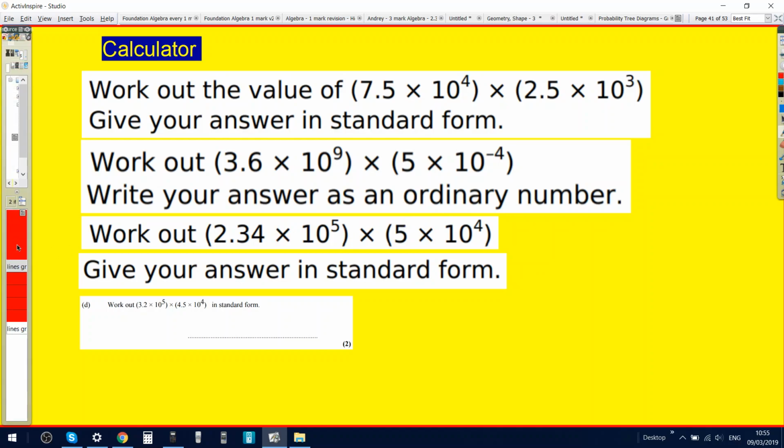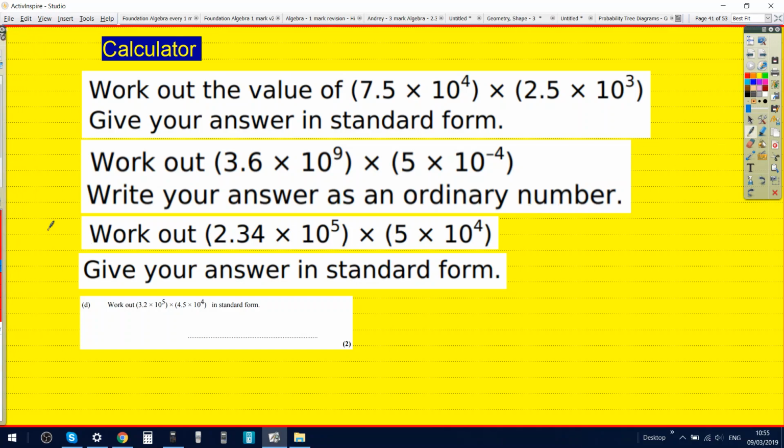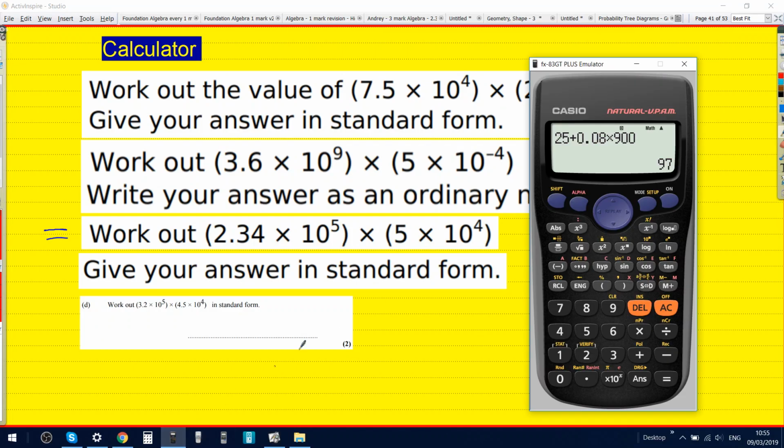Okay, so let's just do the very last one. So what I would do first is put the two tens together, so it'd be 10 to the power of 9. No, it's a calculator question. So I would just put the whole thing into my calculator exactly as they've written it. Okay. Let's try that. Technically, you don't need the brackets, but I'm just going to do it exactly.